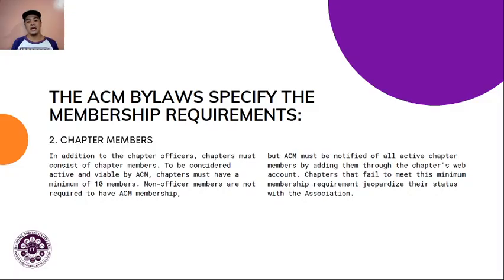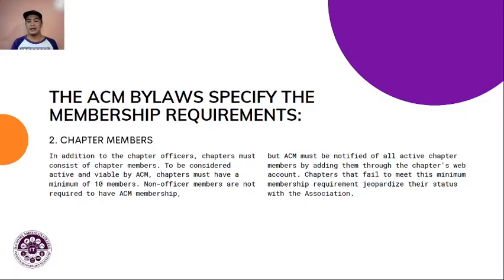Now, chapters must have a minimum of 10 members. That's the requirement. The non-officer members are not required to have ACM membership. So if you are a member and you don't have a position, or you're not an officer, you're not required to have that ACM membership.